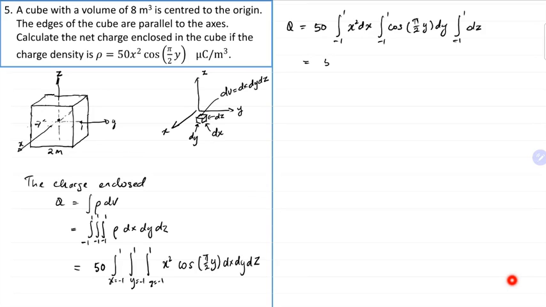So this equals 50, a constant, times the integral of x squared, which is x cubed over 3 over the limits -1 to 1. The integral of cosine is sine of pi over 2 y divided by pi over 2, over the limits -1 to 1. And the integral of dz simply equals z from -1 to 1.